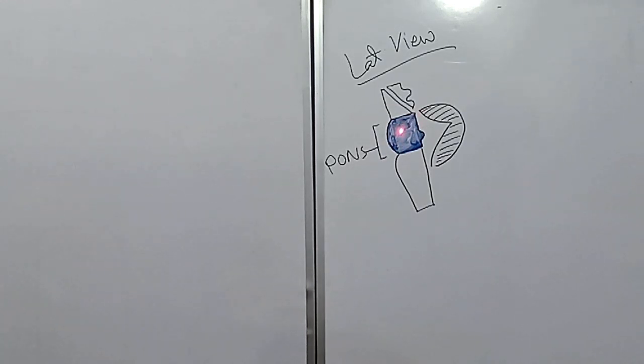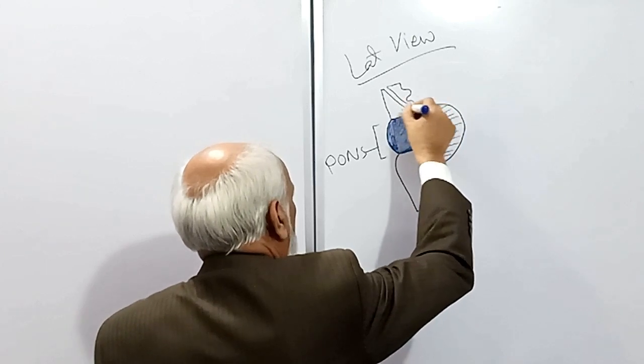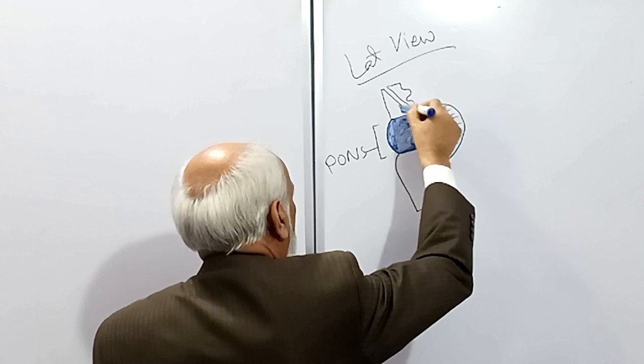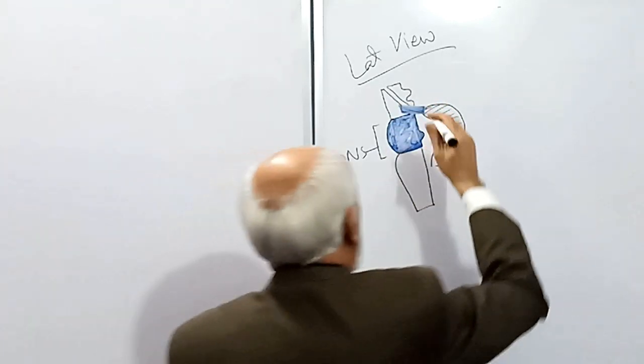Now you can see posterior to the pons is the cerebellum, and posterior to the upper part of the medulla oblongata is cerebellum. And you already know that the cerebellum is connected to the midbrain by a pair of superior cerebellar peduncles.